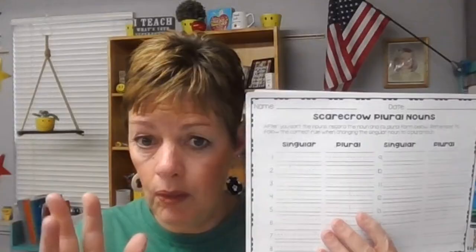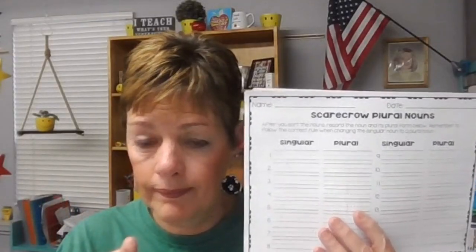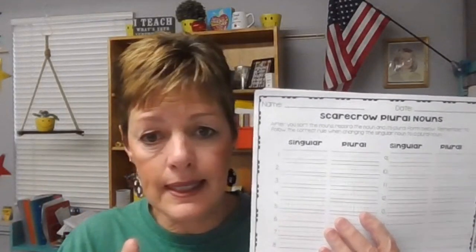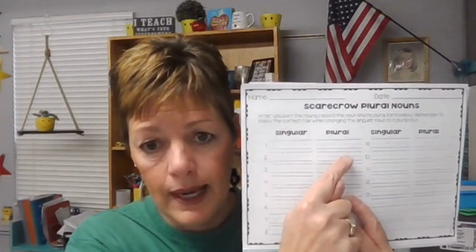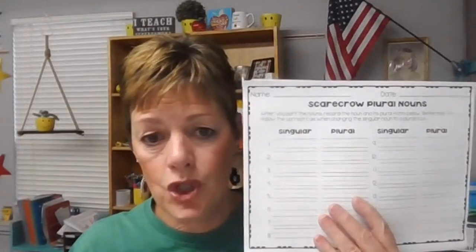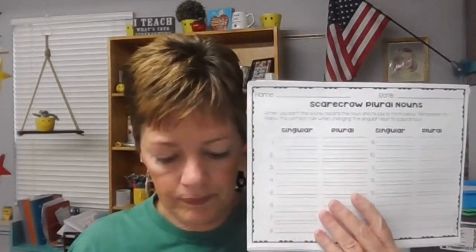A, E, I, O, or U? No, it's a consonant. So now you're going to write cherries, plural here. C-H-E-R-R. Change the Y to an I and add ES. Cherries. Okay?